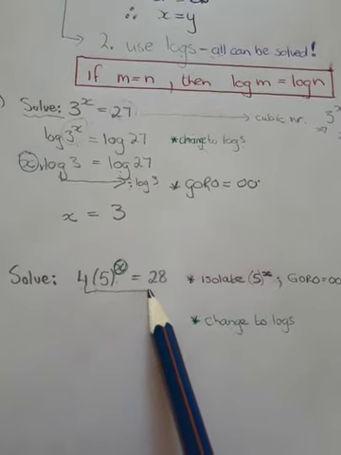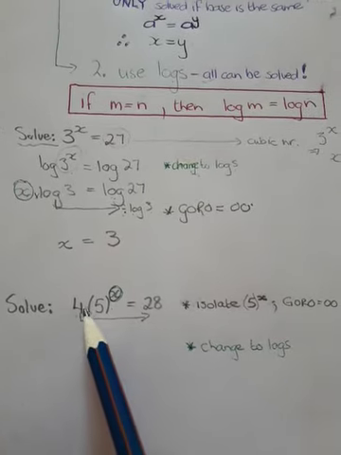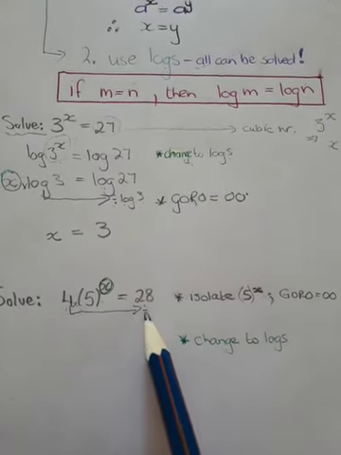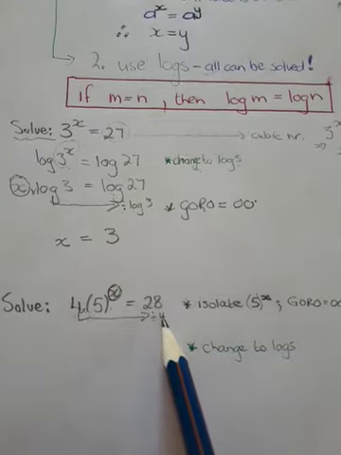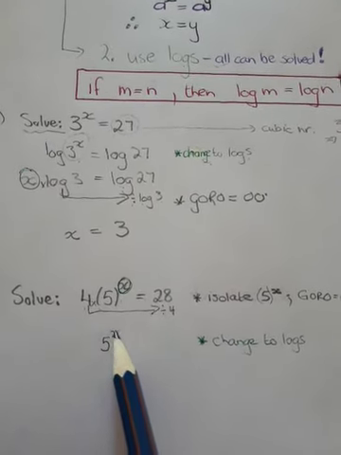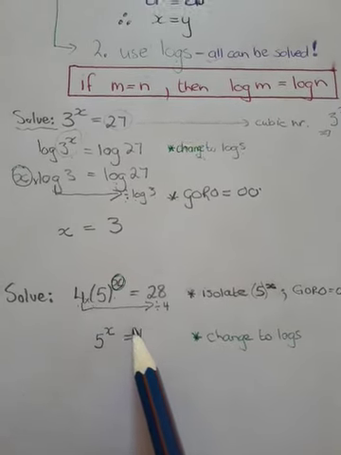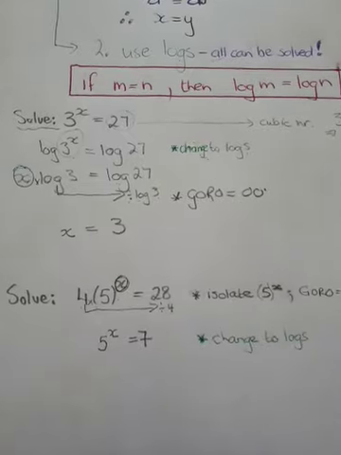Using the opposite operation again, on this side it is multiplied, meaning on that side you will divide by 4, which gives you on the left-hand side 5 to the power of x, and on the right-hand side it will give you 7.